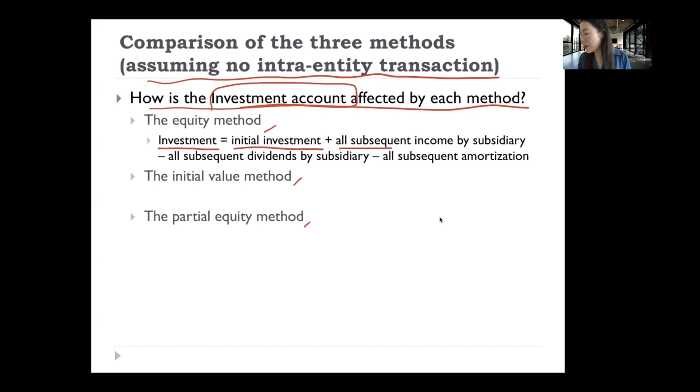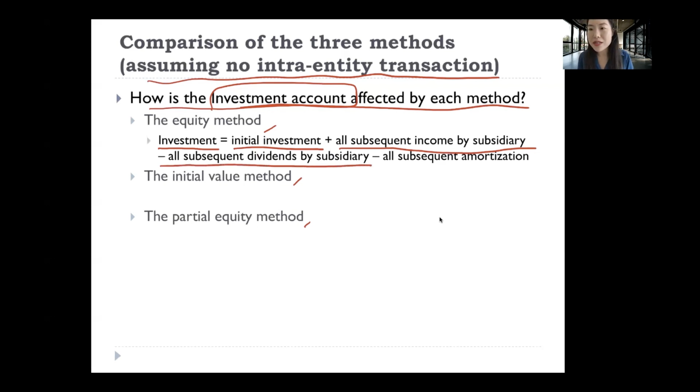It is also increased by all of the subsequent income by the subsidiary, because whenever the subsidiary reports an income, the parent will debit the investment account, right? So that's why the investment account will be increased by all of the subsequent income by the subsidiary, and it will be decreased by all of the subsequent dividend by the subsidiary.